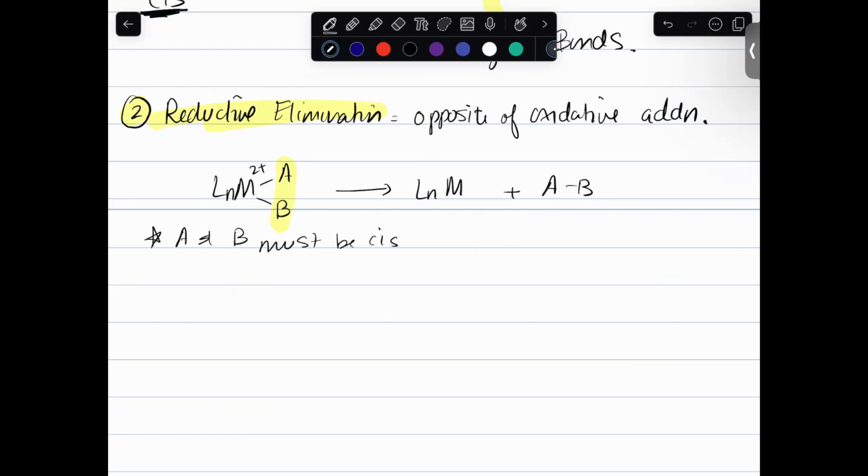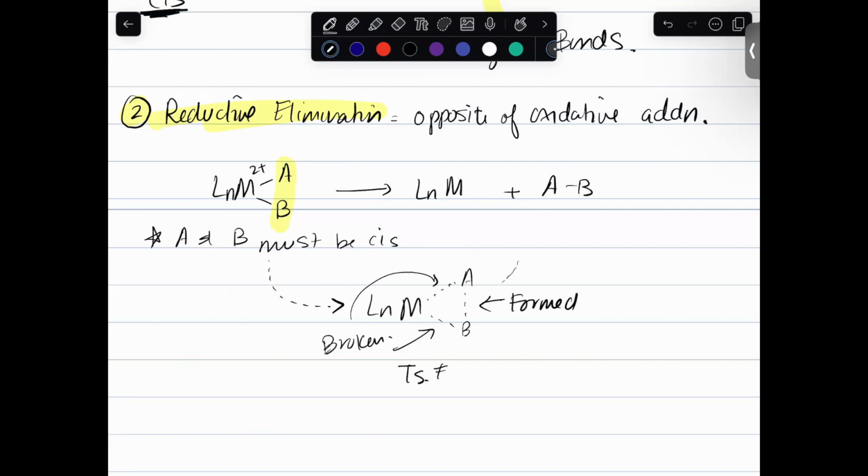And the reason for that is that they believe that the transition state looks very similar to what I just showed you. There are agostic bonds where bonds are being formed and broken before they give you your product.